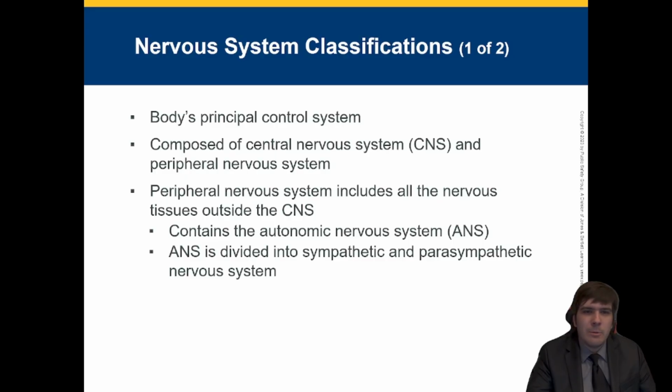The body's principal control system, composed of the CNS, the central nervous system, and the peripheral nervous system. The peripheral nervous system includes all of the nervous tissues outside of the CNS, which is the brain and the spinal cord. Contains the autonomic nervous system, the ANS, and the ANS is divided into sympathetic and parasympathetic nervous system. And we'll talk more about those.